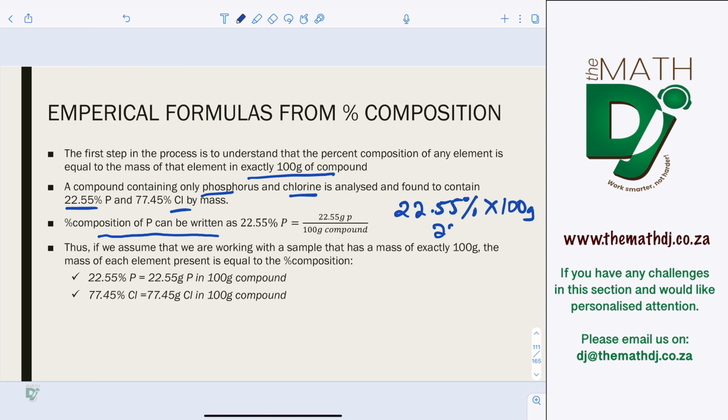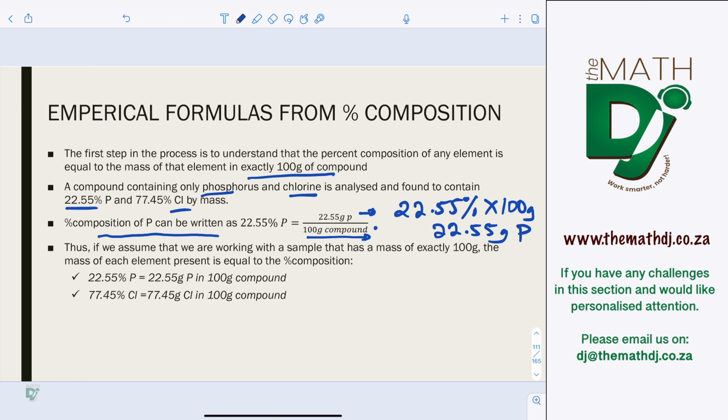So remember, it simplifies. So that's how we are getting here. So the compound we are assuming is this one. We are assuming that the total mass of the compound is 100 grams.